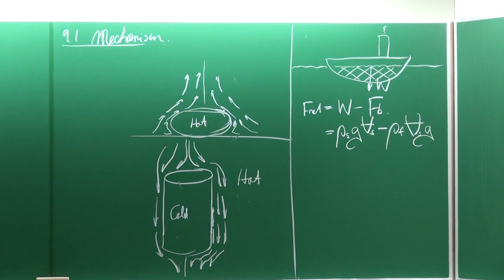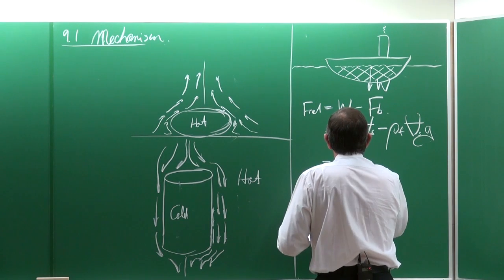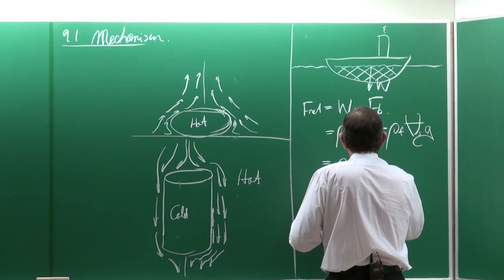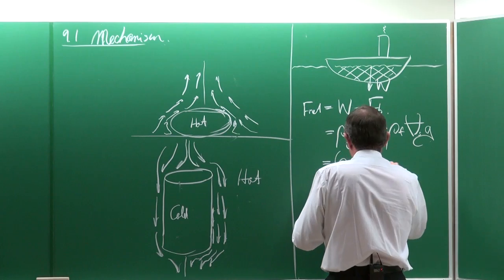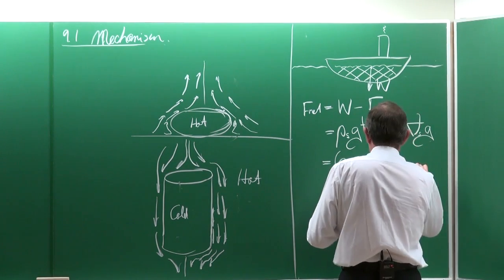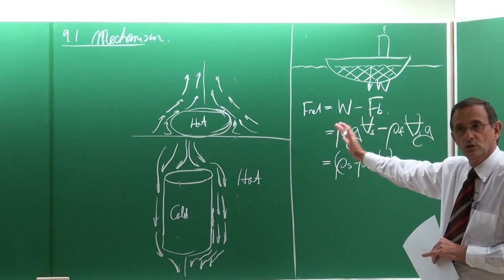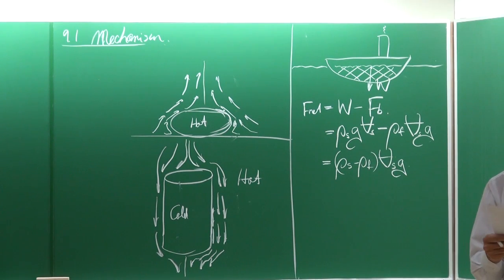You've done that in the first and second year. The result is equal to (rho_S minus rho_F) multiplied by the volume that is being replaced, multiplied by g. And that is Archimedes' principle. You all know that. That is the change in density.